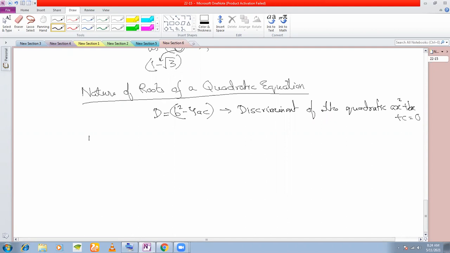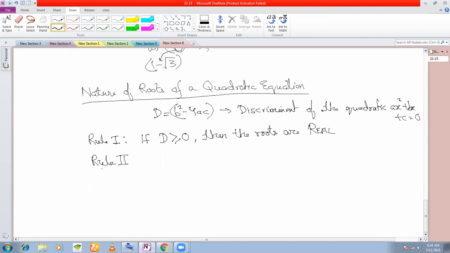Rule number 1: if D is greater than or equal to 0, then we can say that the roots of the equation are real. This we had discussed last year in class 10 also.